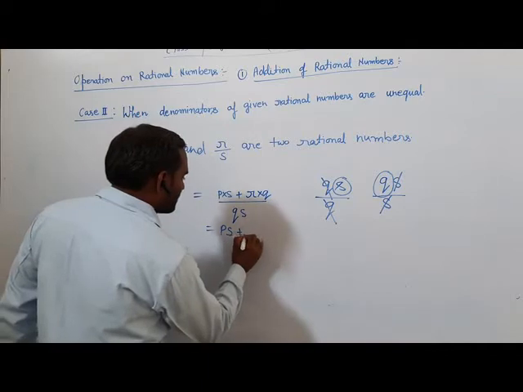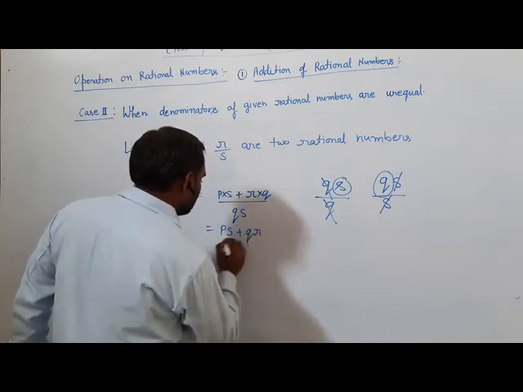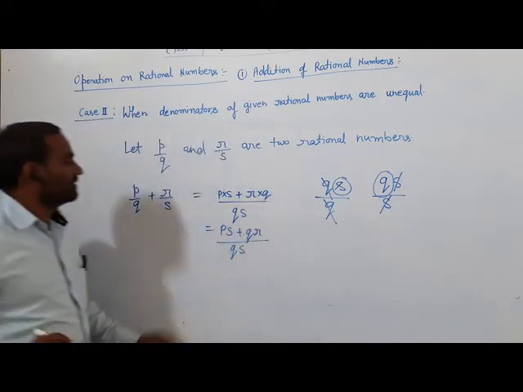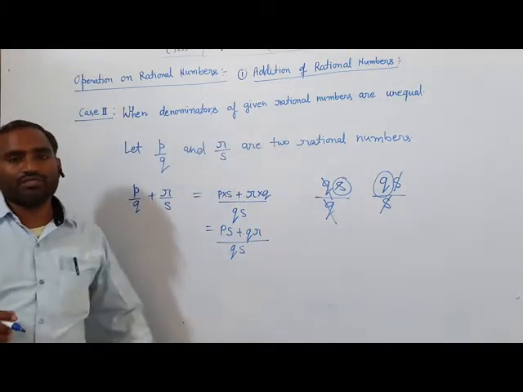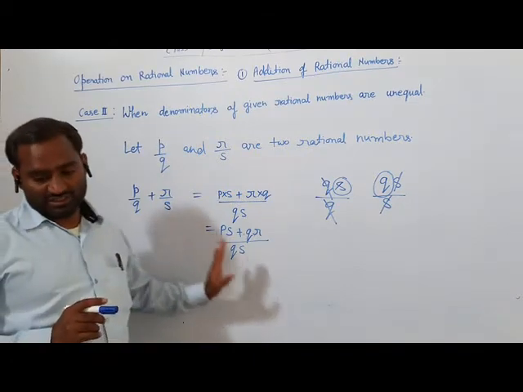So we get ps plus rq by qs. This is the addition of two rational numbers when denominators are not equal.